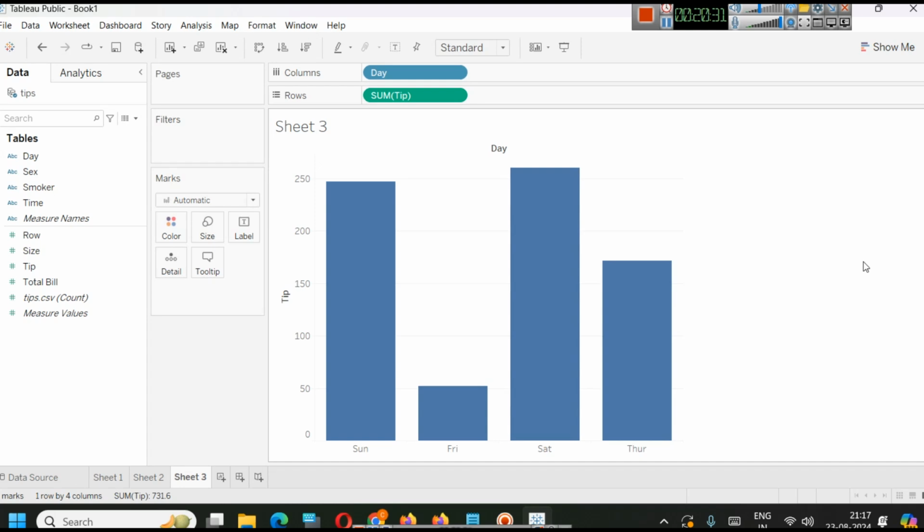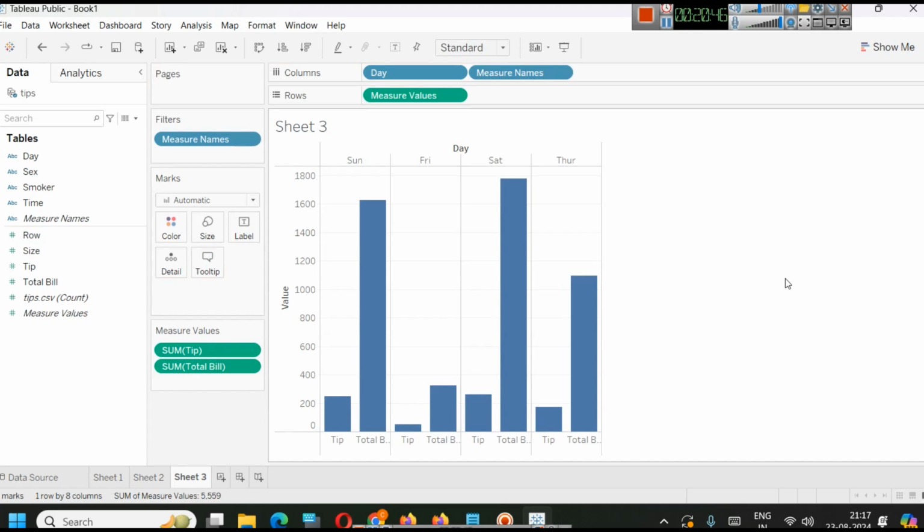So here you can see. And if you have to compare it with another important variable which is total bill, what you can do is drag the same thing. When you drag the same thing on the same axis, because both have units in dollars, it will give you a comparison also, like when total bill is this much, tip is this much in case of Sunday.